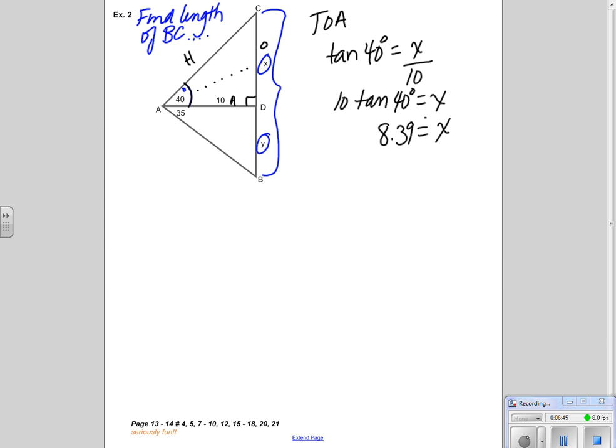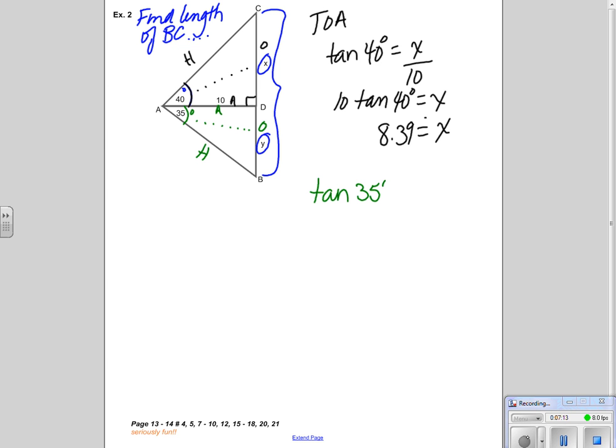For x. Is that reasonable? Sure it is. It's close to the 10, slightly smaller than, but it makes reasonable sense for the problem. We want to find length of y as well. We have a 35-degree angle of reference for that one. We have an adjacent side of 10, an opposite side of y, and a hypotenuse side of don't know, don't care. So I'm going to use the tan of that one as well.